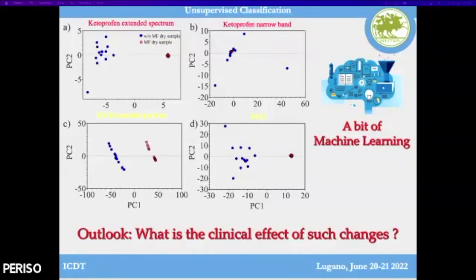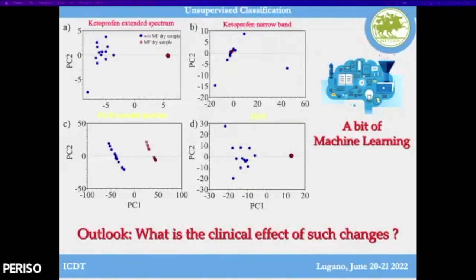As you can see, on the left a clustering of the two samples is clearly visible, exposed, red dots, and not exposed, blue dots. So at first sight, we can see that the molecule is changed during the magnetic field exposure. While on the right-hand side, which is the fingerprint, the clustering is not really visible.